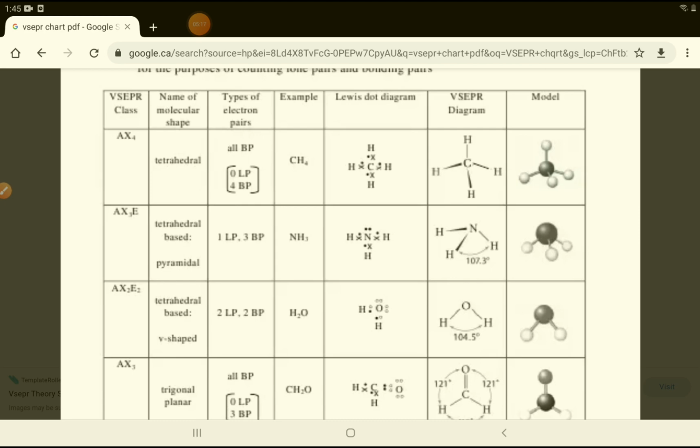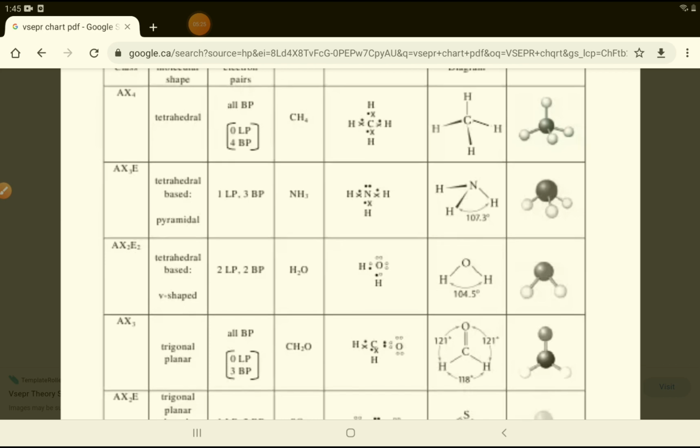Now, you will not be expected to draw all the angles. There's only one case where we draw the angles. But this is what we do. We draw the Lewis structures first, then we count the number of bonds, count the number of lone pairs, use this chart to help us figure out what shape it's going to be, and then we simply just draw it, and we draw it as best as we can.